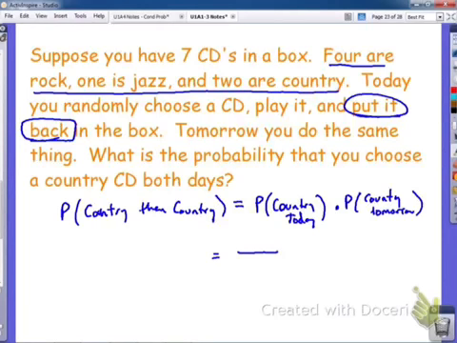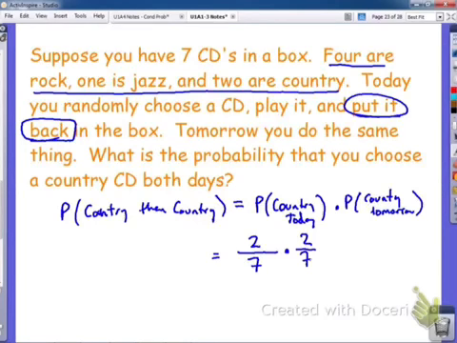There's 2 country CDs out of a total of 7. We're going to multiply that times the probability of selecting a country CD tomorrow. Mason. 2 out of 7. Now that's 2 out of 7 because why? We put the CD back the first day, right?